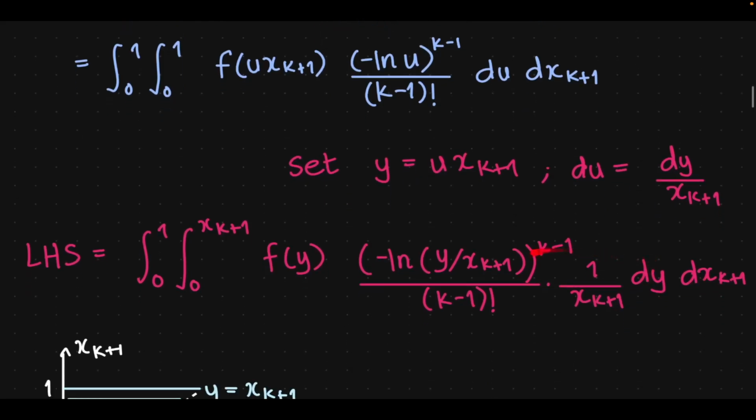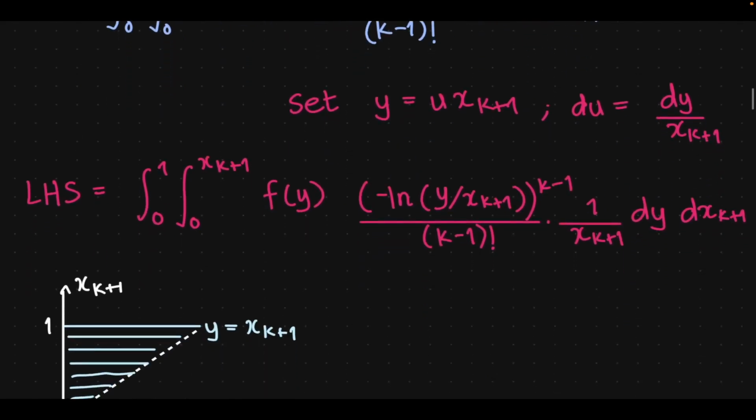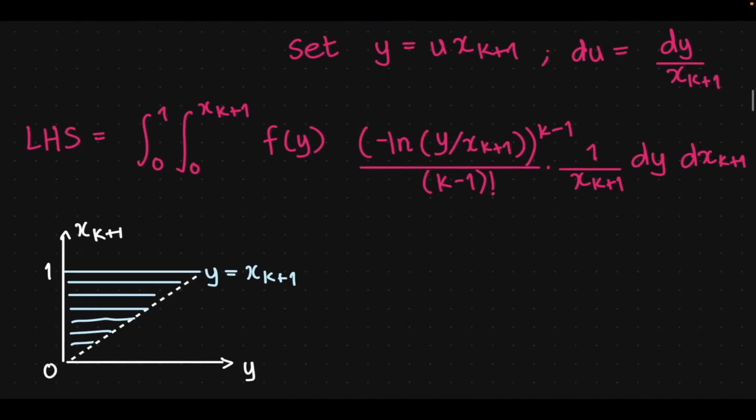Now it might actually be easier to integrate on dx_{k+1} first rather than on dy. So we have to interchange the variables. The only problem is that the inner integral depends on the outer variable, which is x_{k+1}. So to interchange the integrals, we have to actually draw the region of integration and then work accordingly by inverting the coordinates.